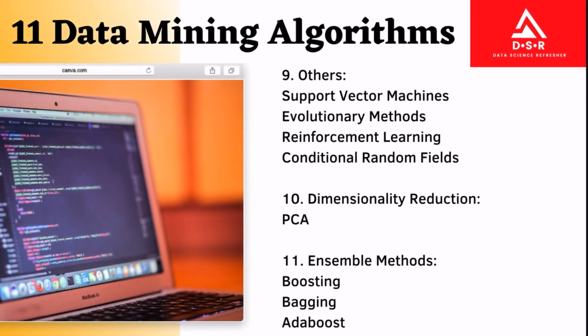The ninth one is the others, which include support vector machines, SVM, evolutionary methods, reinforcement learning, important, and conditional random fields. Support vector machines, SVM, is very important. The 10th one is dimensionality reduction, in which we have the PCA. PCA is also important. Then we have the 11th one, the ensemble models.